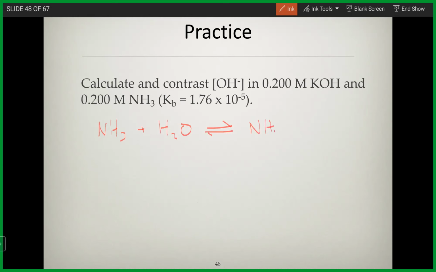So if we just write out the reaction, NH4 plus, we'll have OH minus. Initial: 0.200.